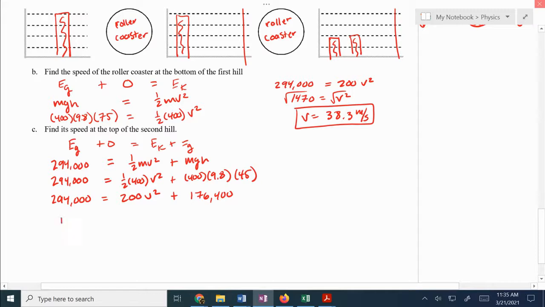That's going to give you 117,600 is equal to 200 v squared. Divide by 200. It's going to give you 588 equals v squared. Square root both sides. And v is equal to the square root of 588, 24.2 meters per second.